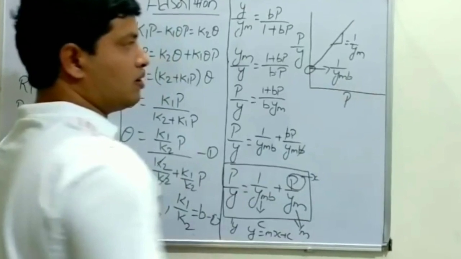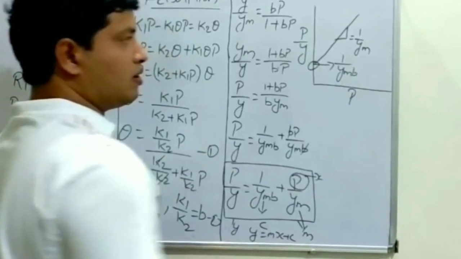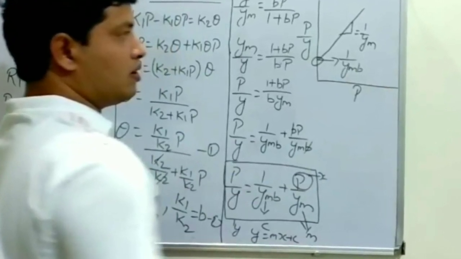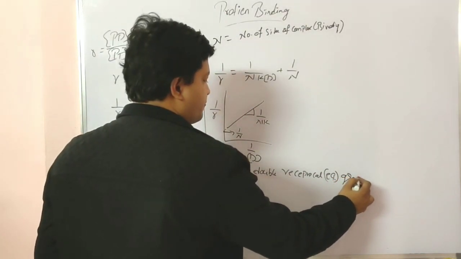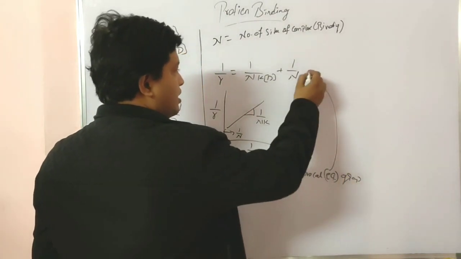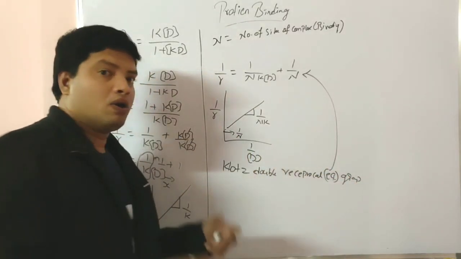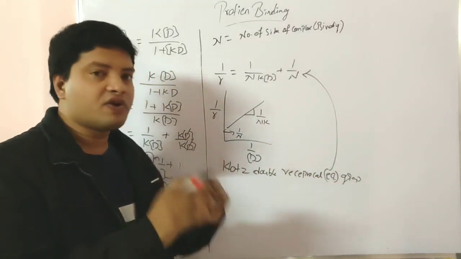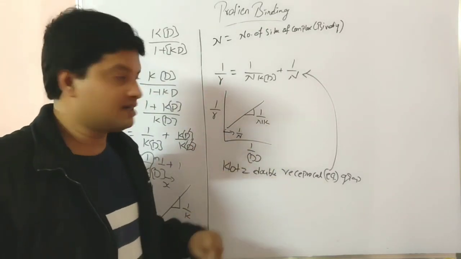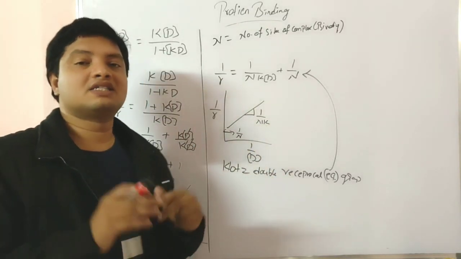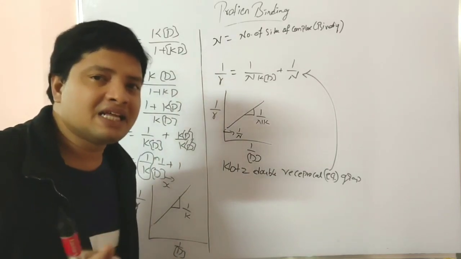You can know what is wrong there. And to say, this is only my assumption. This is called Klotz's double reciprocal equation, and this is the graph. What is the use of this? Through this graph, you can determine the number of binding sites and also the stability constant. But there is a problem.